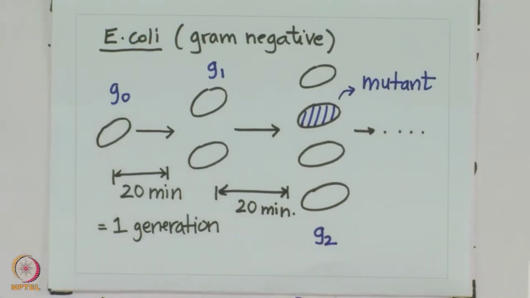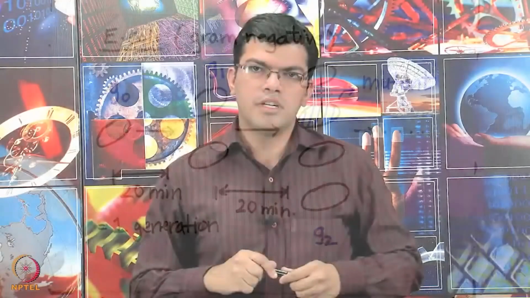Now this mutation is likely to confer certain advantage or disadvantage to the bacteria depending on the precise nature of the mutation that has happened. The mutation may make the bacteria fitter, as in it might enable the bacteria to grow faster in the environment in which we are doing this experiment, or the mutation might make the bacteria less well equipped to survive and multiply in the environment that it's being grown in.